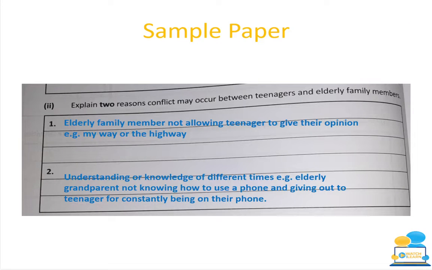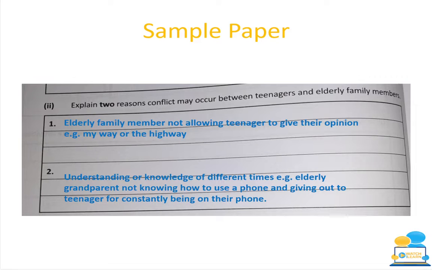But the grandparent automatically thinks phone, oh, they're messing on it, they're doing no good. Where actually phones can actually be really useful. So it's just about, and like a grandparent's not allowing the child, seeing the teenager as a child still, and not giving them the freedom which the parents are. So you're just coming up with examples. Think of your own life, and that'll help you create a better, more rounded example.